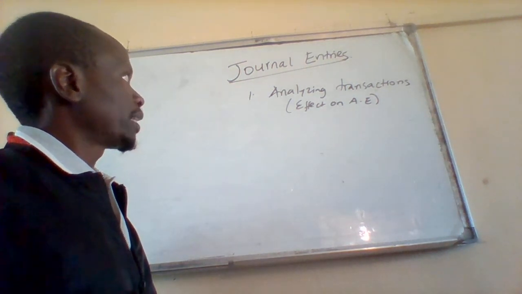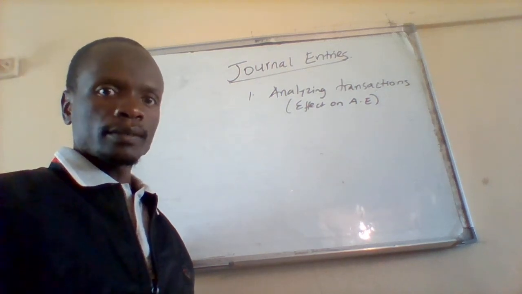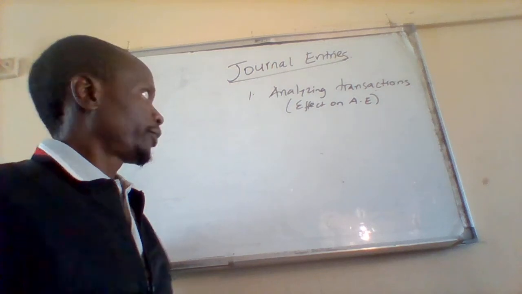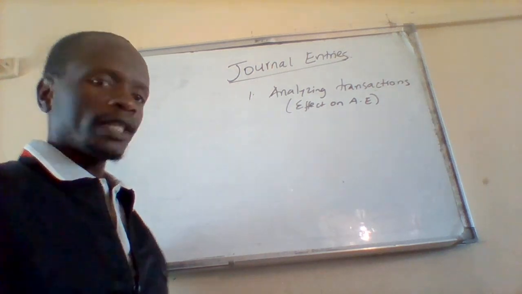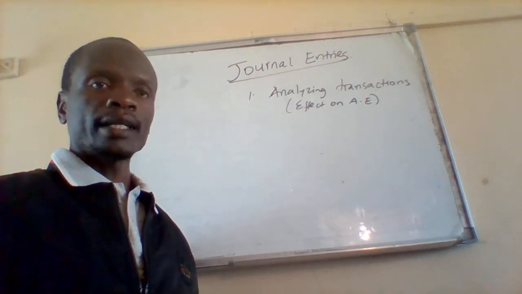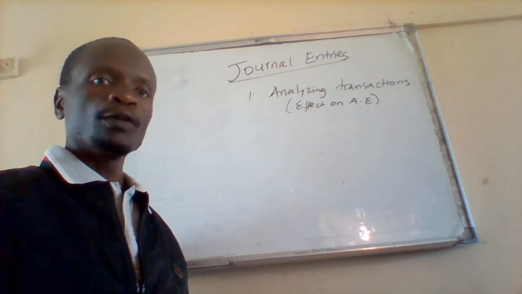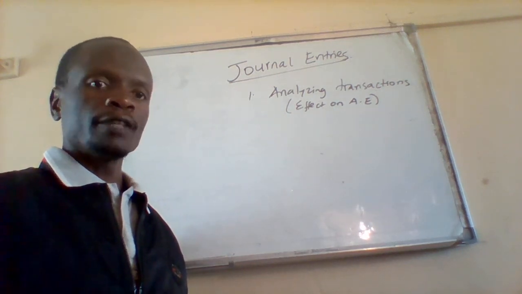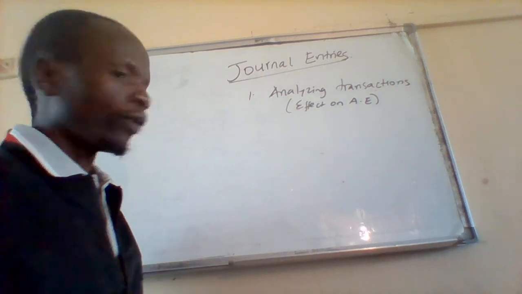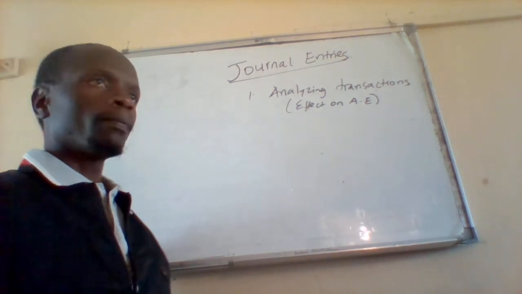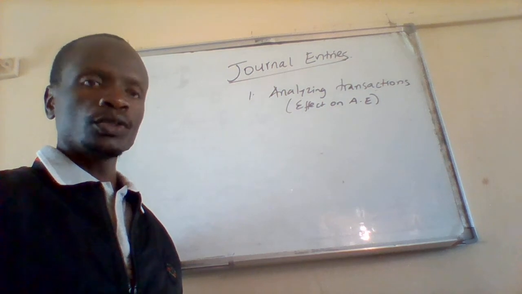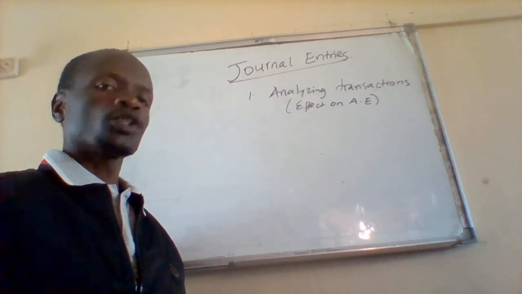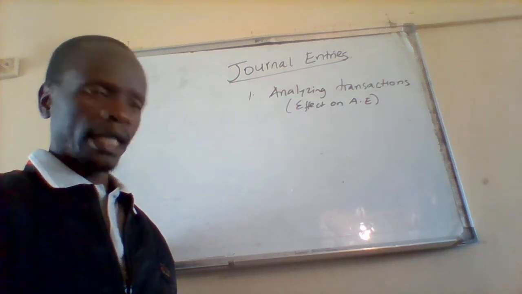Today, we're going to look at the second stage in the accounting process, which is to pass journal entries, what to debit and what to credit. It is a confusing thing for many people, but it is very simple. Okay, so I'm going to give you a matrix that will guide you in how to know what to debit and what to credit.